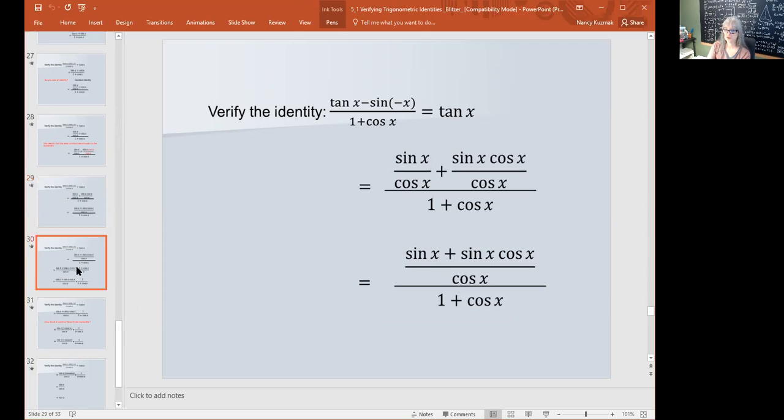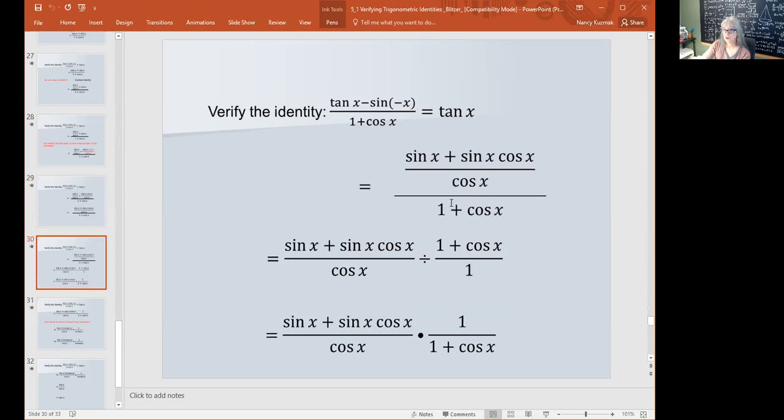So let's look at that. Remember, dividing by 1 plus cosine x is multiplying by the reciprocal. And I do that a lot for my complex numbers. I just like to make sure I'm in the right value. So I did end up with cosine times 1 plus cosine x, but I'd really like to cross that out there and just end up with sine over cosine.